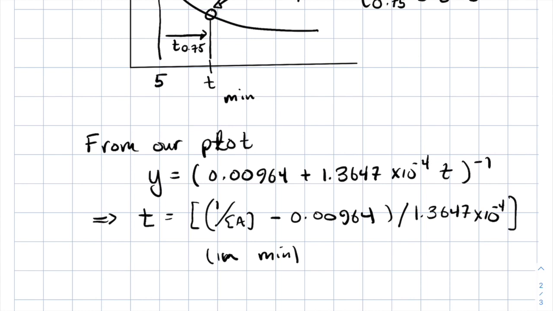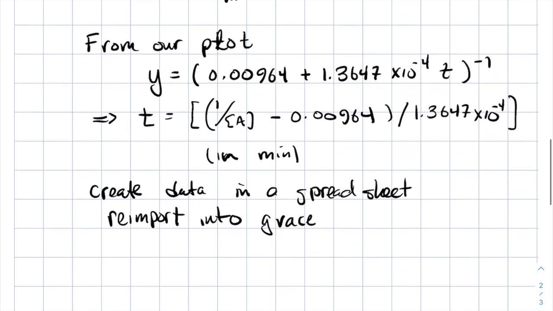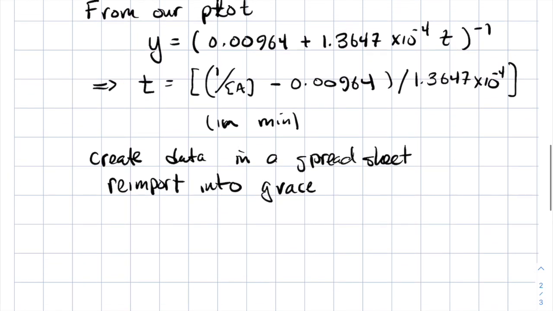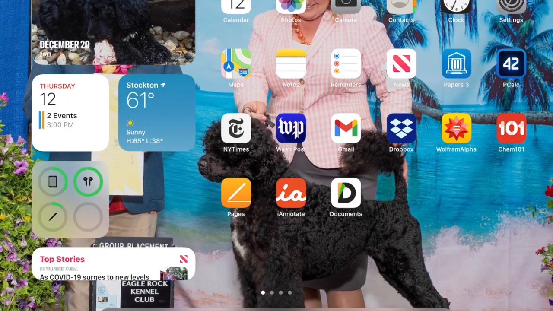But maybe the easiest thing for you to do is to create data in a spreadsheet and then re-import into Grace. I think conceptually that's the simplest thing to do. So let's see how that works.